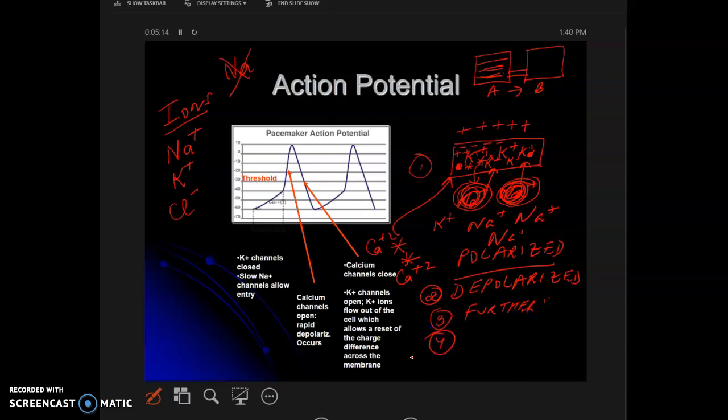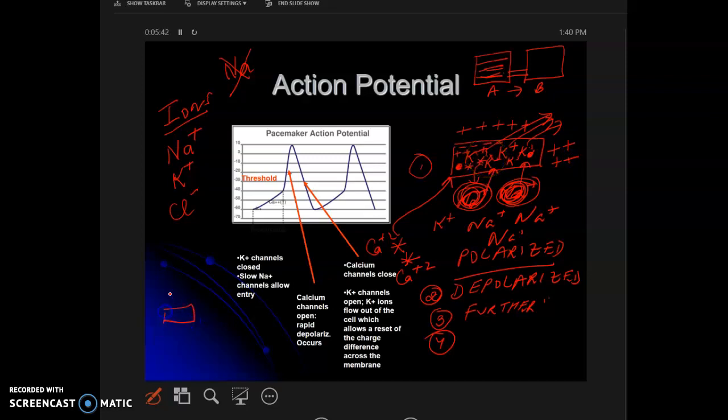Now the slow gated potassium channels open, and these potassium will leak out. The only thing is that more potassium leaks out than the sodium and calcium combined that entered. So here we are back to the original. Outside becomes positive, inside becomes negative.